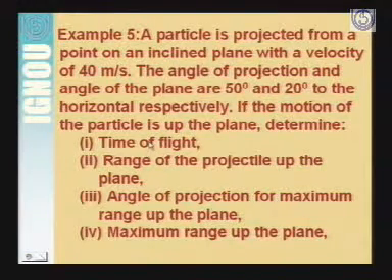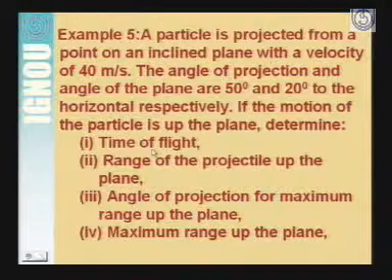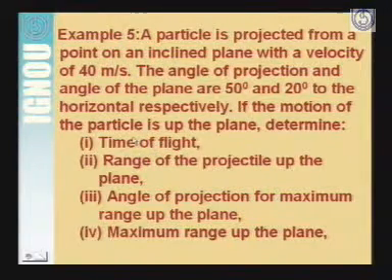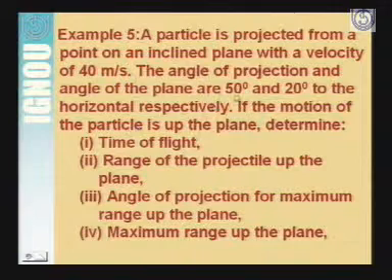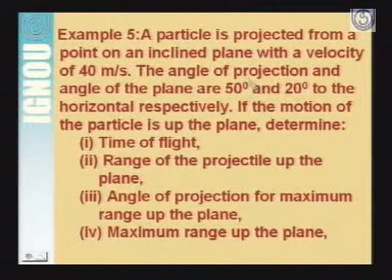When you calculate the time of flight, we have already got the expressions for the time of flight and the range, and all these values are given here: initial velocity u is given, beta is 20 degree, alpha is 50 degree.